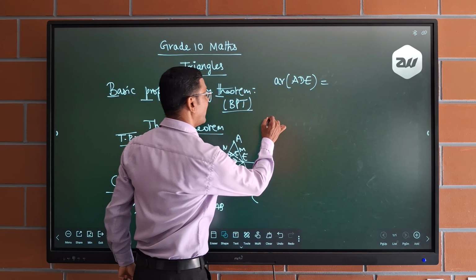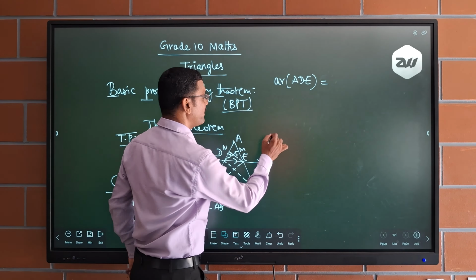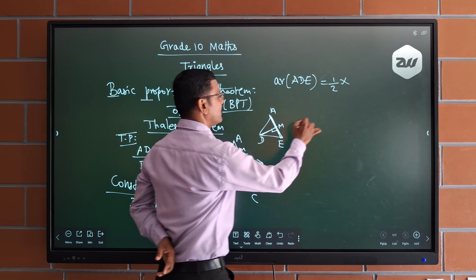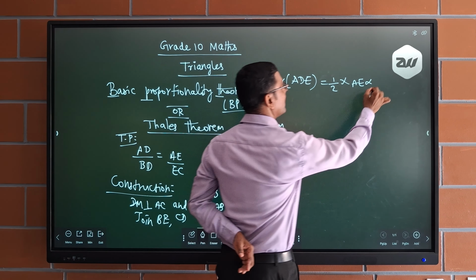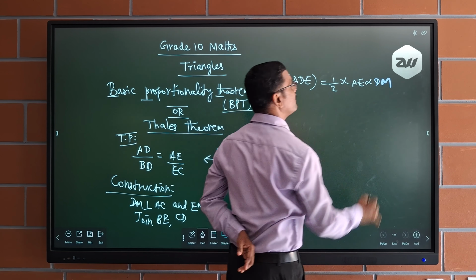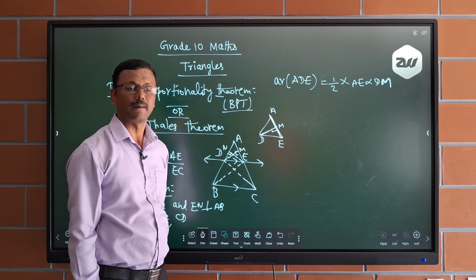So here I take it separately for your understanding. ADE. Here I consider DM is the height and AE is the base. According to the area formula, half into base, AE is the base and the height is DM. DM is the height. Okay.